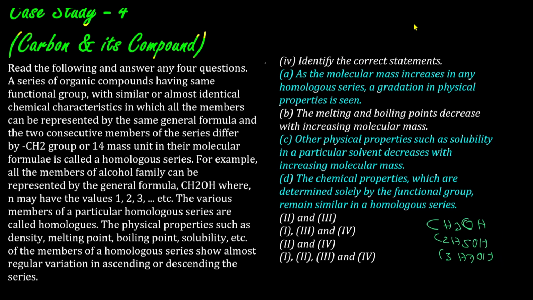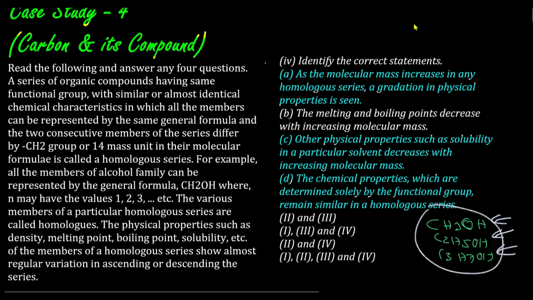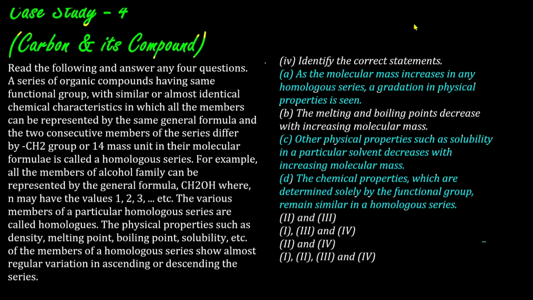Yes, they all will have similar chemical properties as they all belong to the same functional group. So these are the correct ones. The options here are A, C, and D. Over here I've written in a different manner. A stands for first, third, and fourth. First, third, and fourth. Yeah, check this one. So this is the correct answer for this question.